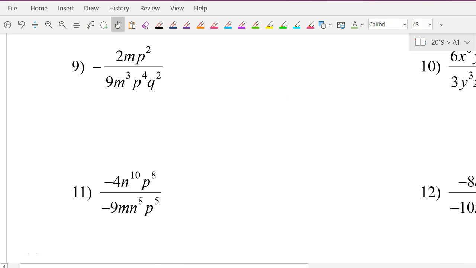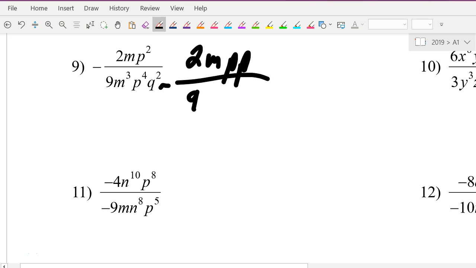So let me just go through this quickly. For dividing, writing out in expanded form does help. Okay, 2m and then 2 p's. There's a negative here. M, and then 1, 2, 3, 4, and then 2 q's.